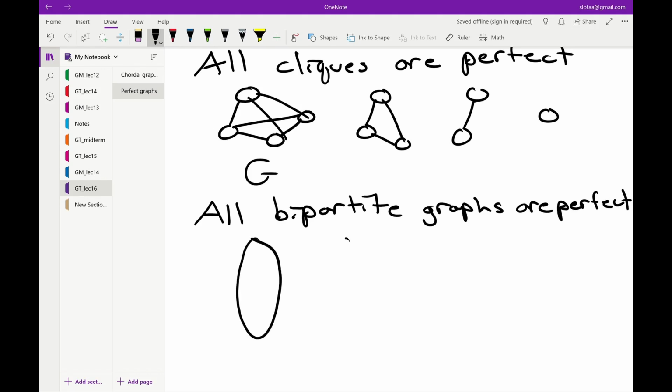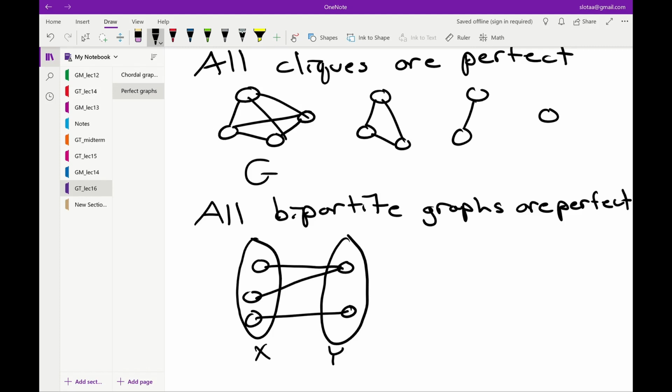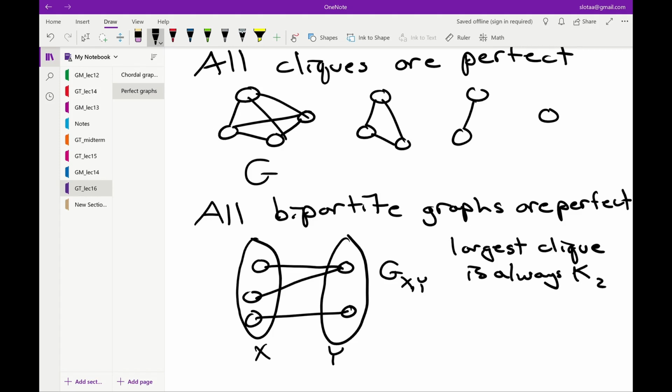If we consider any arbitrary bipartite graph, however we want to draw it with our X, Y, so our G, X, Y here, the largest clique is always K2, regardless of what vertex set we select to induce a subgraph on, and we can always color with 2 colors.